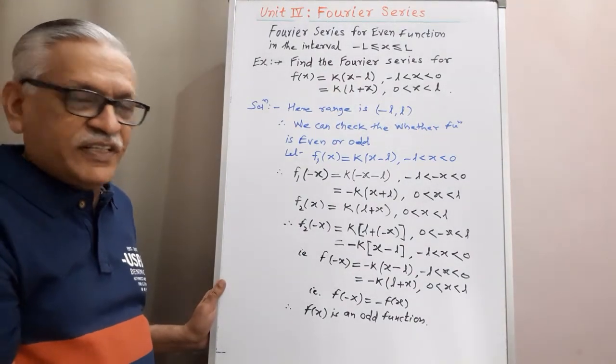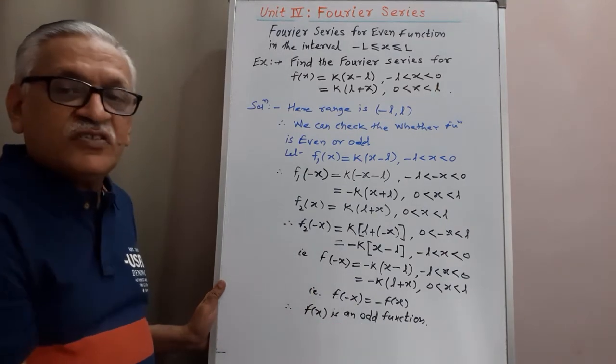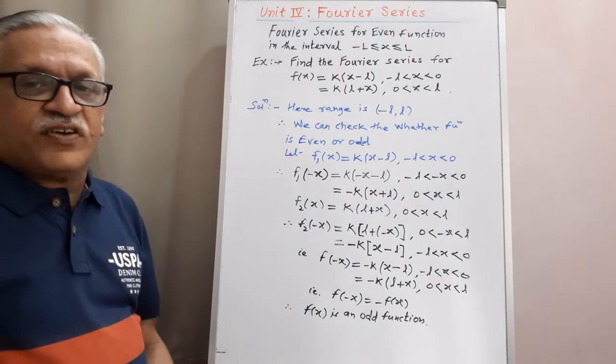We are getting the same but with a negative sign, meaning f(−x) = −f(x), so the function is an odd function.